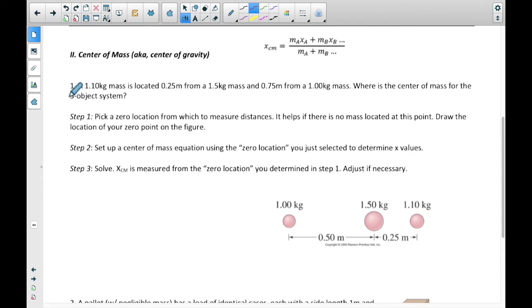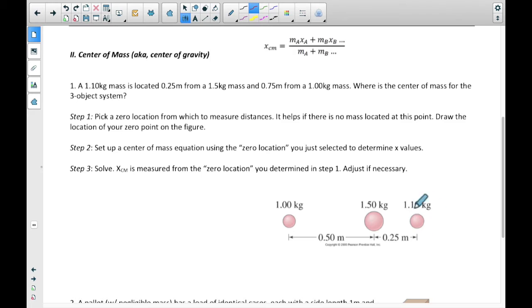This sentence, number one, goes with this diagram. If we have a 1.10 kilogram mass located 0.25 meters from a 1.5 kilogram mass and 0.75 meters from a 1 kilogram mass, where is the center of mass for the three-object system? It was a little bit confusing to read through, so here it is set up, and it's set up backwards, right to left instead of left to right.